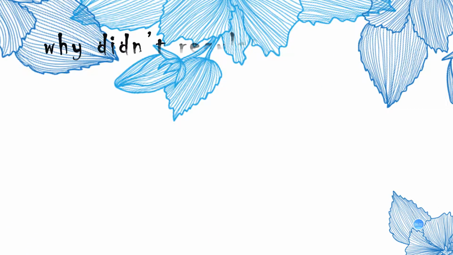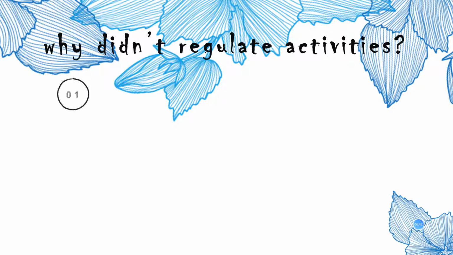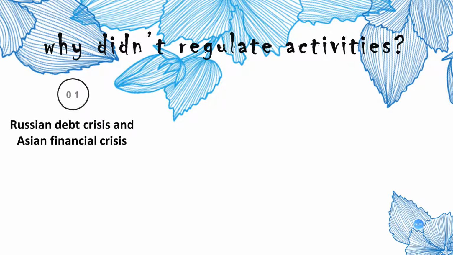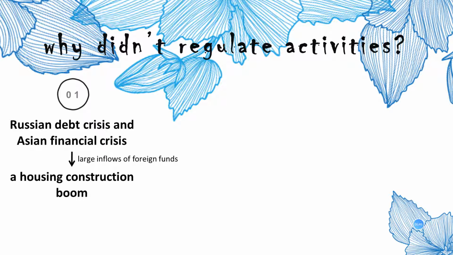Now, it's reasonable to ask a question. Why didn't the government regulate these activities of banks? First, easy availability of credit in the U.S., fueled by large inflows of foreign funds after the Russian debt crisis and Asian financial crisis of the 1997 to 1998 period, led to a housing construction boom.